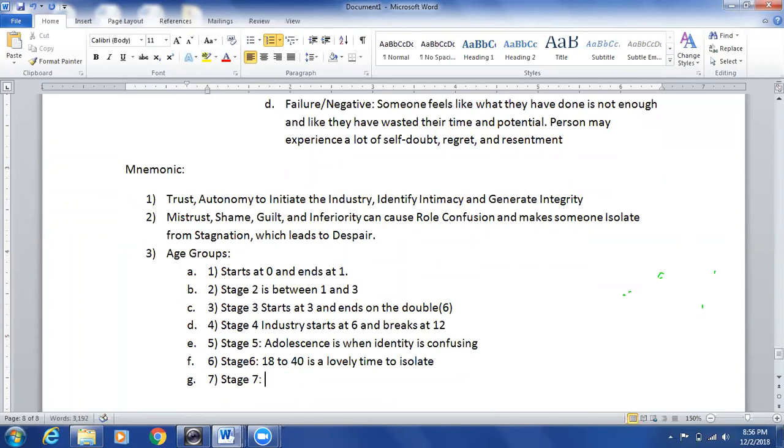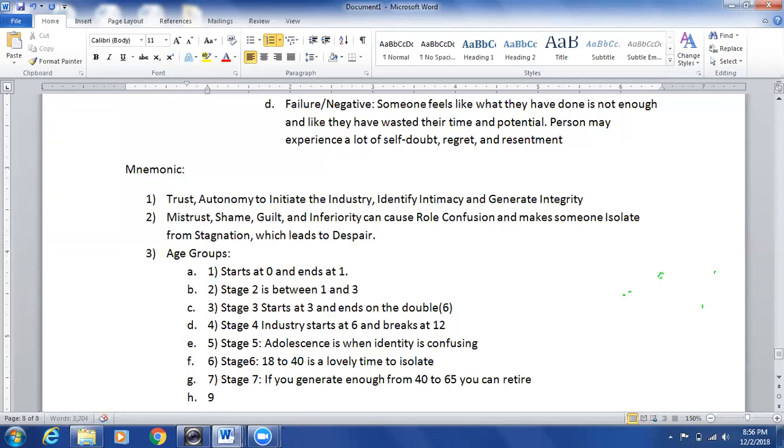Stage 7, if you generate enough from 40 to 65, you can retire.